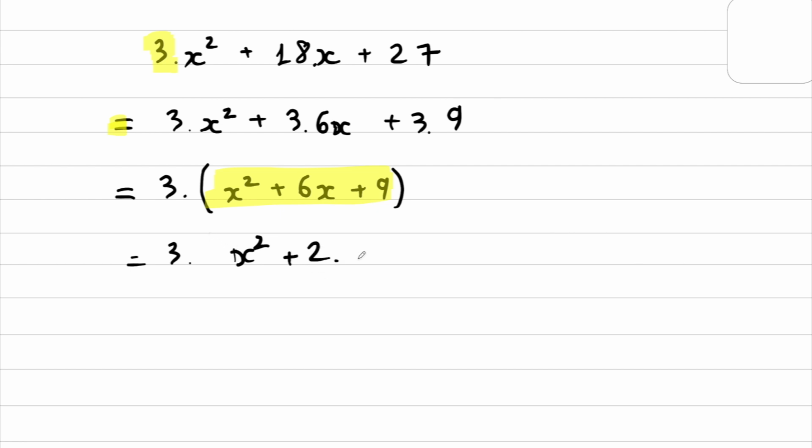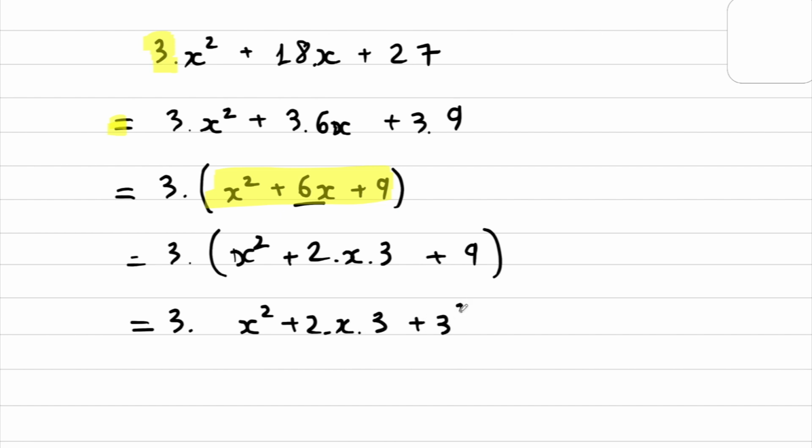Okay, the next step is completing the square, just like the previous video: x squared plus 2 times x times 3, because 6 factors into 2 times 3, and plus 9 here. So I've got 2 times x times 3, which means add 3 squared and minus itself at the same time, and plus 9.